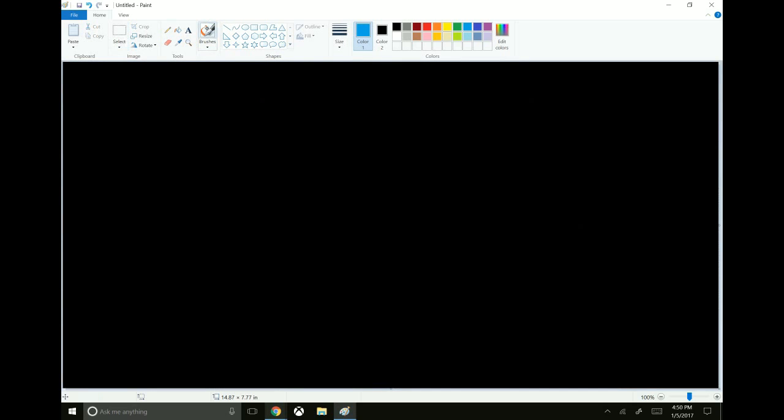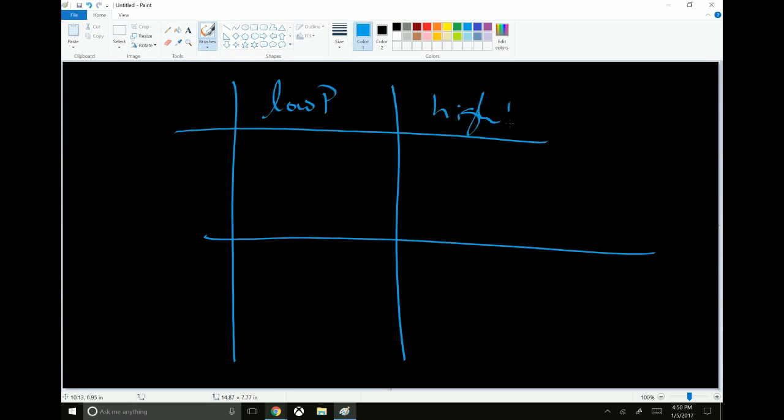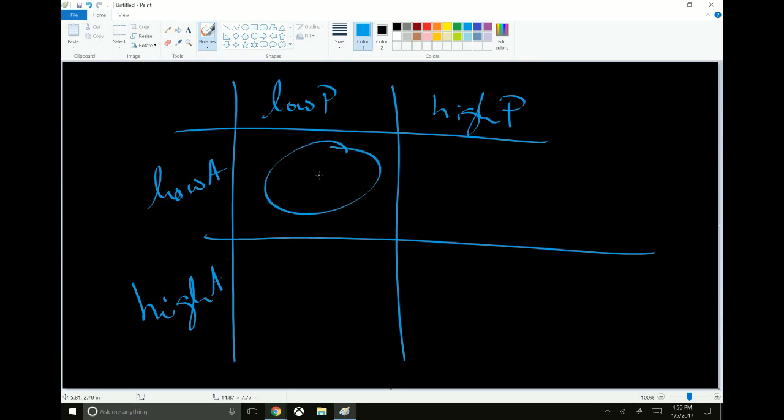So when you look at both of them together, low precision, high precision, low accuracy, high accuracy. Okay. So low precision means that you're going to have a lot of noise.